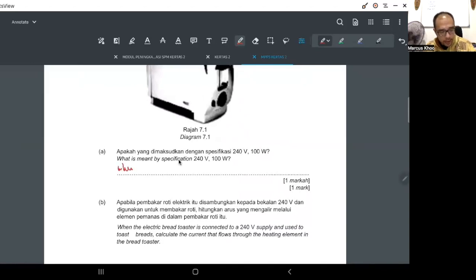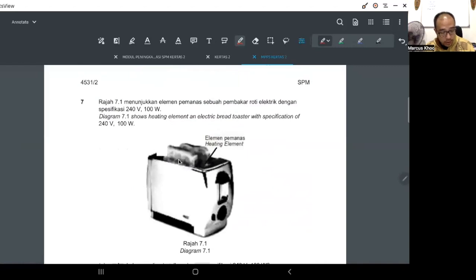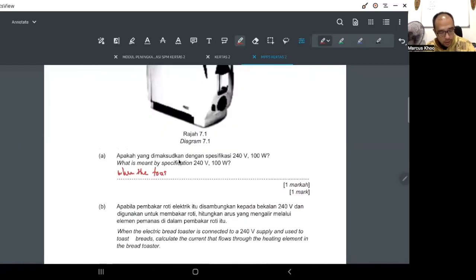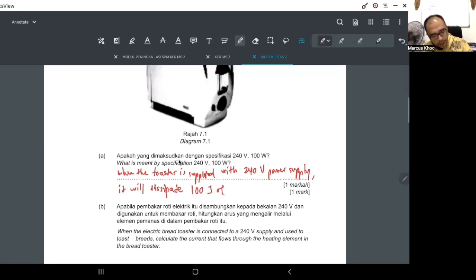Okay, so when the toaster is supplied with 240 volts power supply, it will dissipate 100 joules of energy per second.